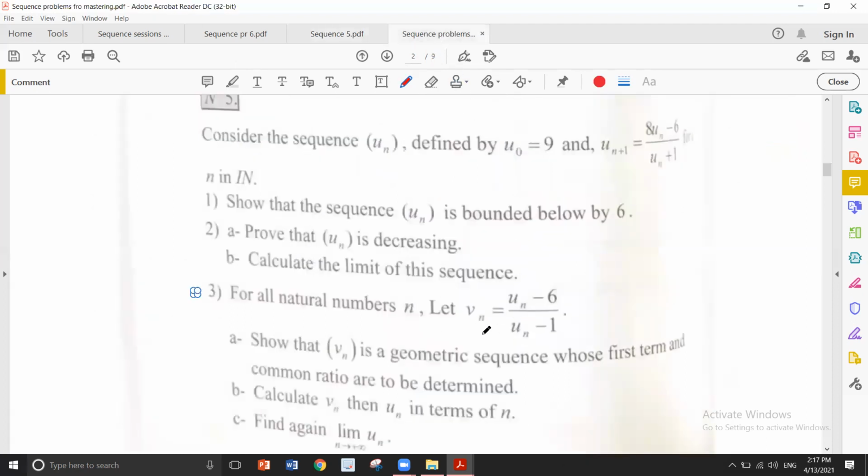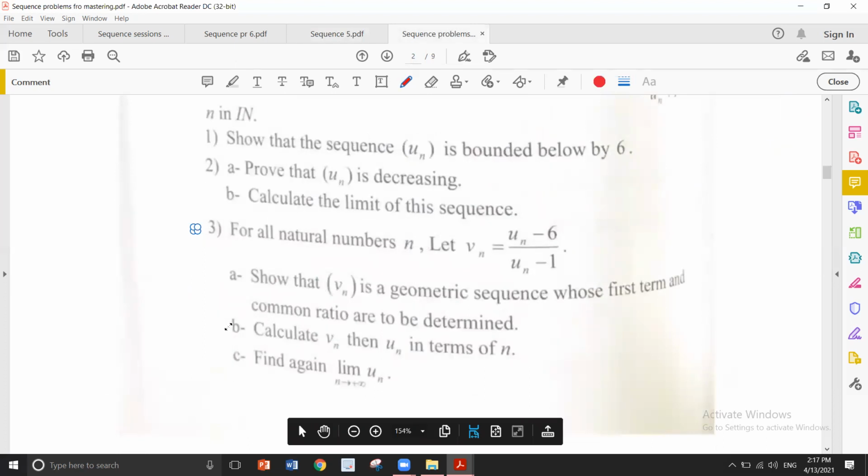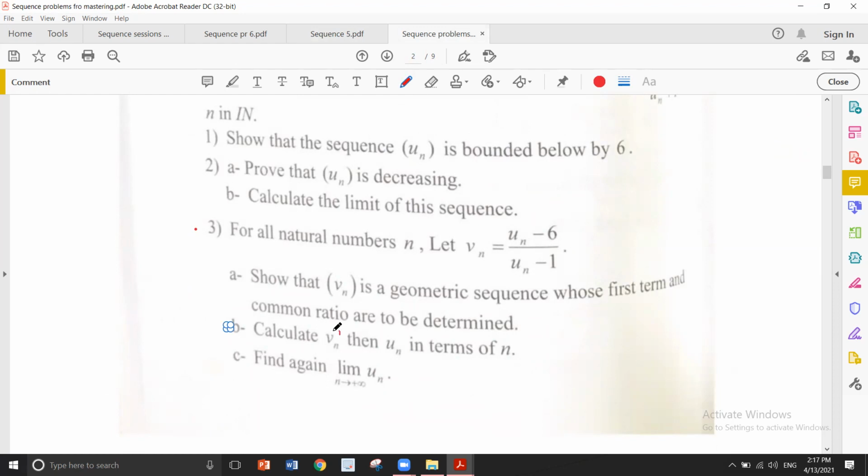Now, part B. Calculate Vn in terms of n. How to calculate Vn in terms of n? We have a rule: if Vn is a geometric sequence, Vn equals V0 times R to the power n.